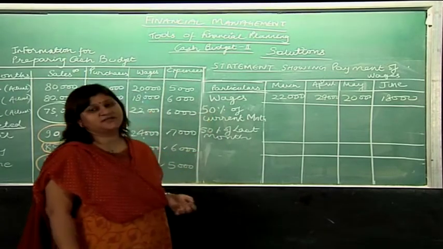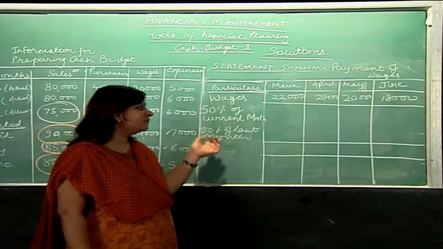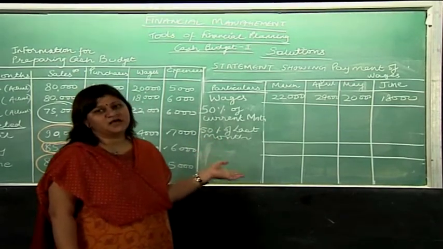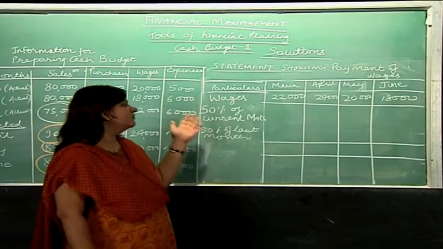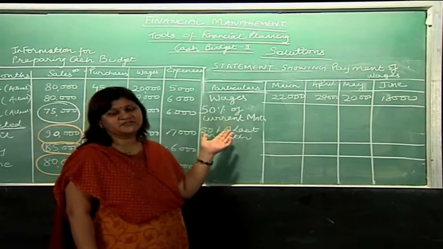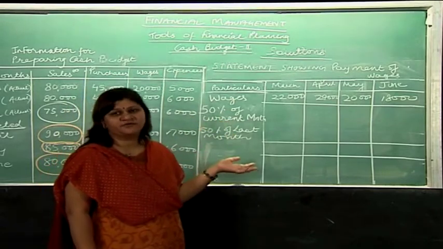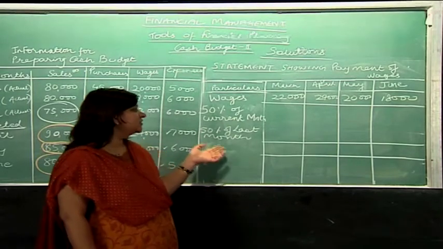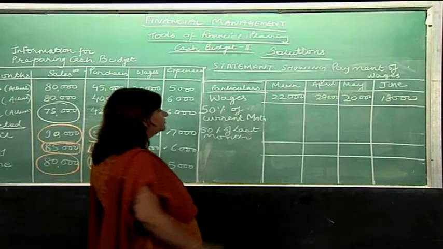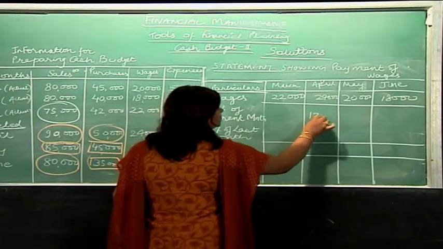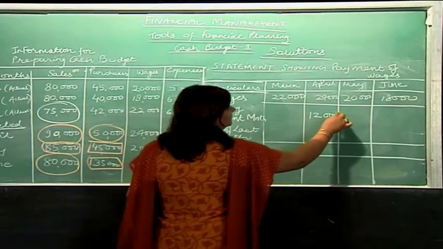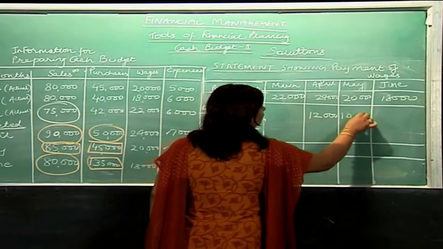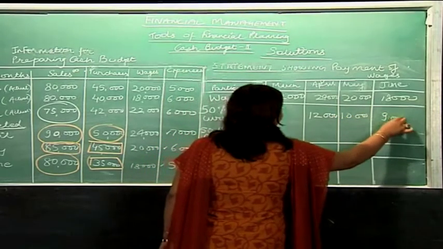So our question says that our wage payment period is half month. Half month means that 50% of the wages expenses are to be paid in the month in which they are incurred, and remaining 50% shall be paid in the next month. So here the 50% of the current month for the month of April will be 12,000, for the month of May will be 10,000 and for the month of June will be 9,000.